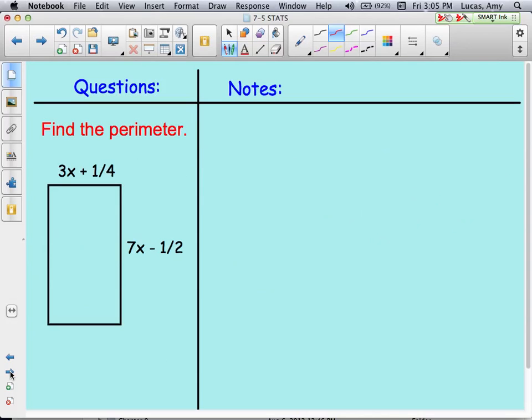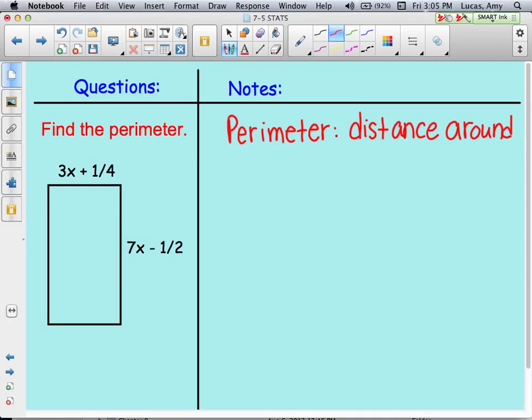Okay, now we have a little application to geometry. It says find the perimeter. Perimeter, hopefully you remember, is the distance around. So if it's the distance around a figure, we need to add together all of the sides. It's a rectangle, so the rectangle has 4 sides, so I need to add together all 4 of them.